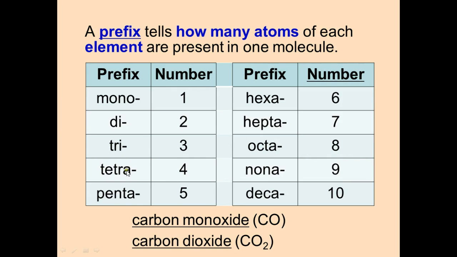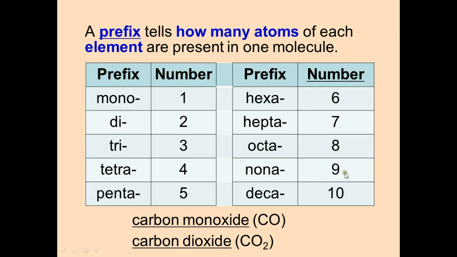Then we have tetra, which is 4. Same thing going back to the atomic structure: tetrahedrals are 4 atoms bonded to one central atom. Then we have penta, which is 5. Hexa, 6, like a hexagon. Hepta, 7, like a heptagon. Octa, 8, octagon again.